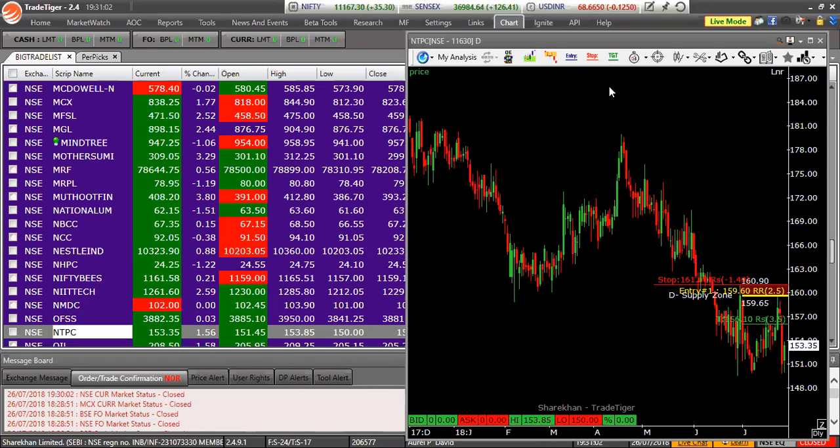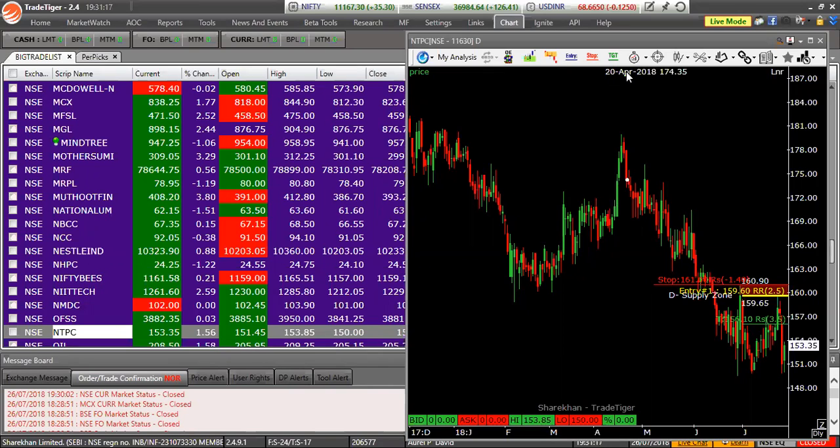Computer programs are nowadays buying and selling stocks, and it all depends on how well you design your program. And so algorithmic trading has now become the new style of doing scalp trading.